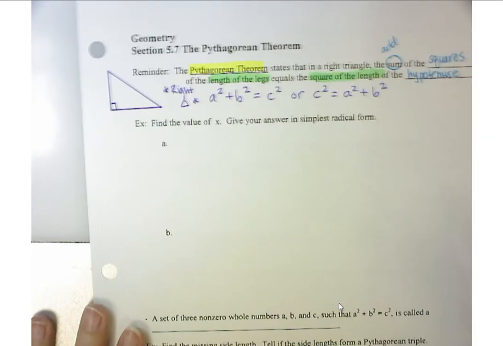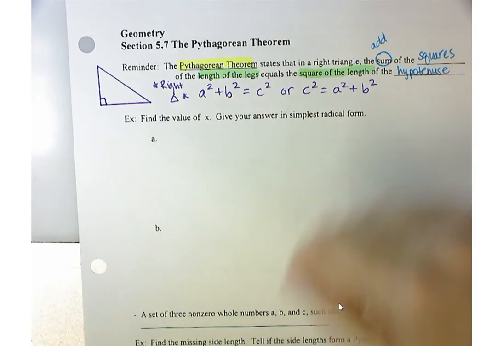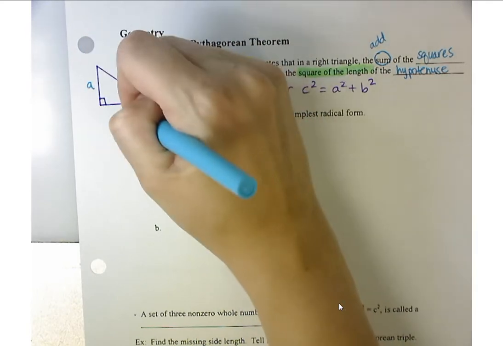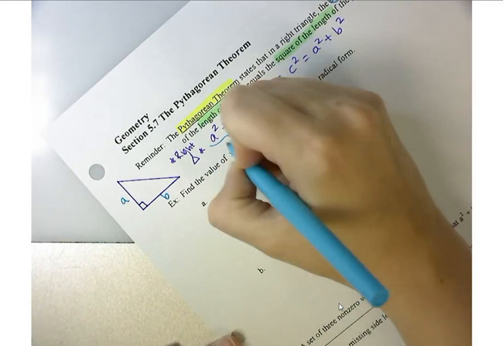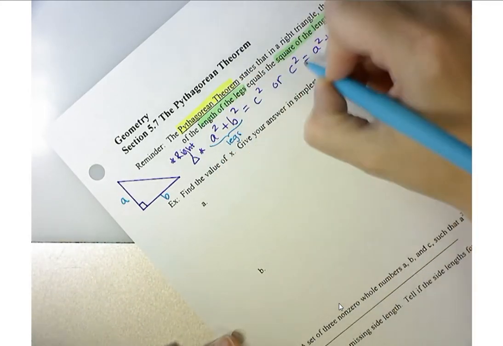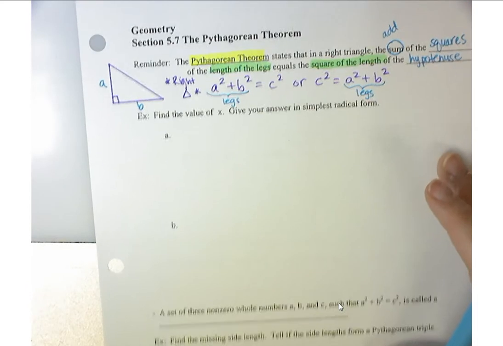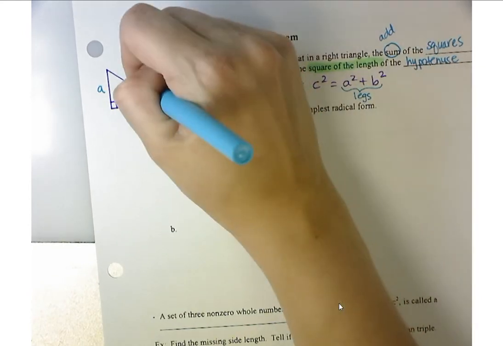Now, it says the sum of the squares of the length of the legs, so your legs are going to be your A and your B. It doesn't matter which one is A and which one is B, but A represents a leg and B represents a leg. The one that stands by itself is the square of the hypotenuse.